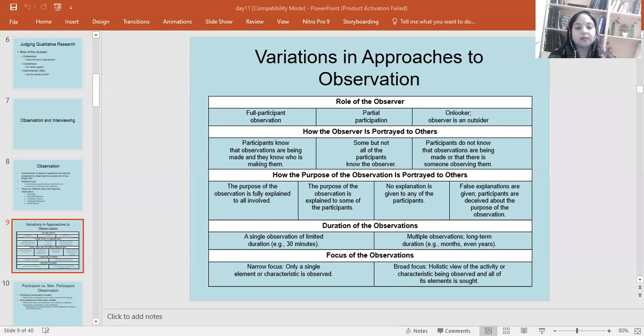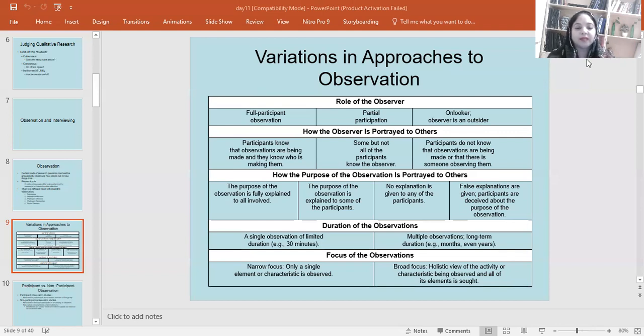ऑब्जर्वेशन का फोकस नैरो भी हो सकता है एंड ब्रॉड भी हो सकता है. नैरो फोकस के साथ आप ऑब्जर्वेशन को जो है आप बहुत सारी चीजें आपके नोटिस में आ रही हैं, but you are limited and focused with your objectives only.